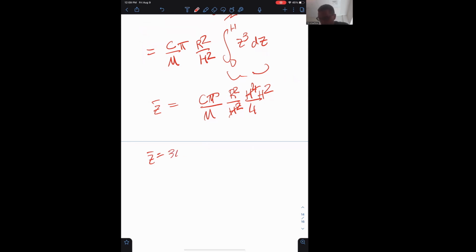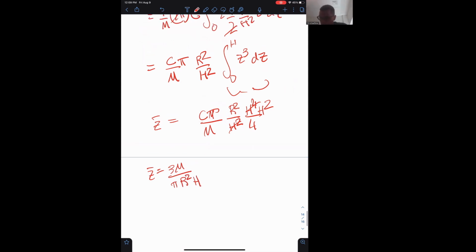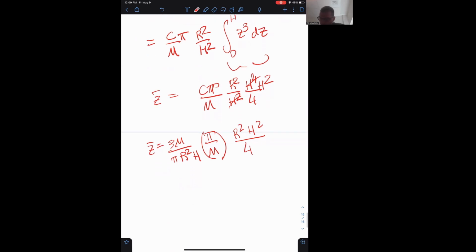C is 3m over pi r squared h, times what's left, r squared h to the 4th over 4. Okay, pi cancels, m cancels, r squared cancels. We're left with 3/4 h.